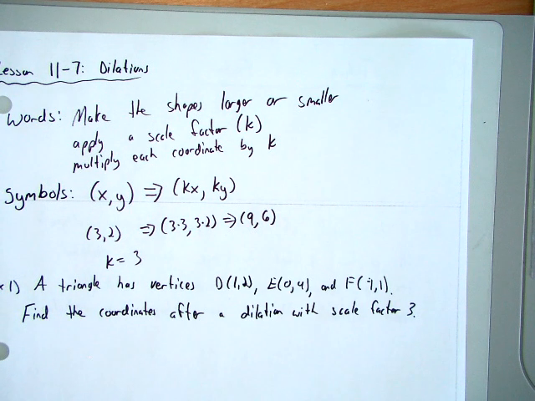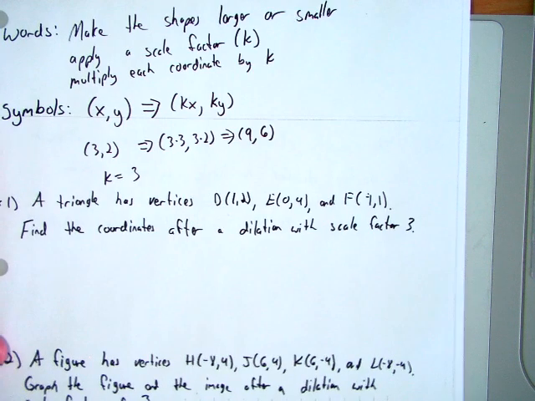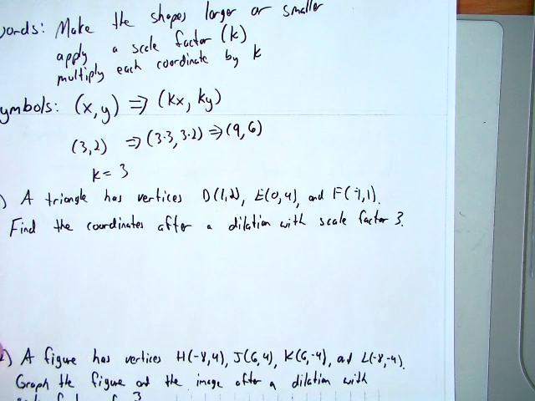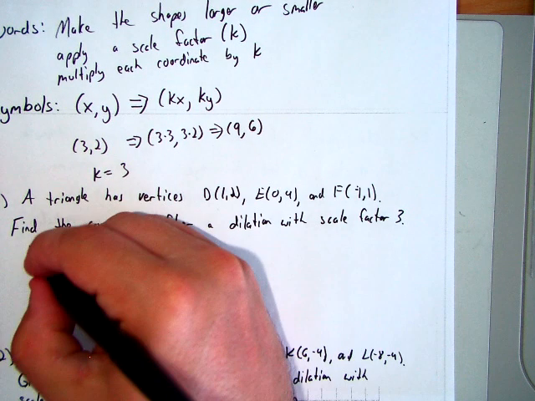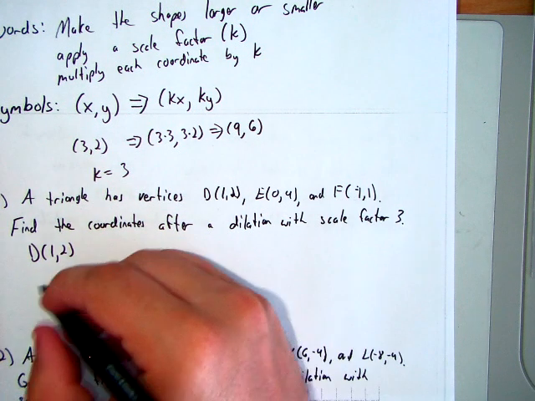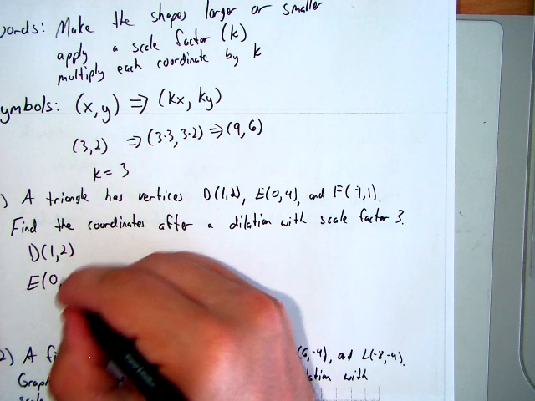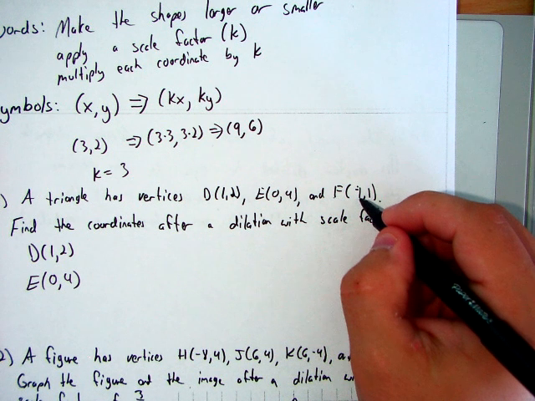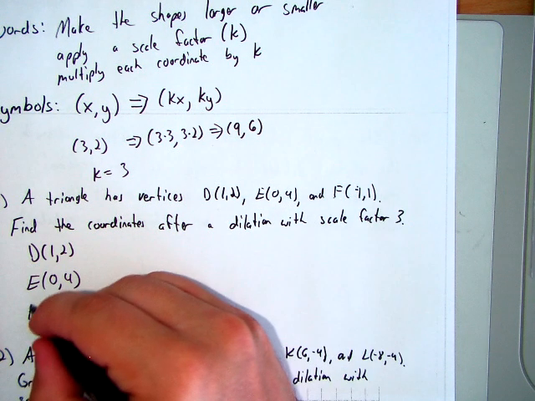So let's look at example 1 and determine if we are able to figure out these new ordered pairs after we apply the dilation. So it says a triangle has vertices of D, 1, 2. So I'm going to write that down. E, 0, 4. And F, negative 1, 1.